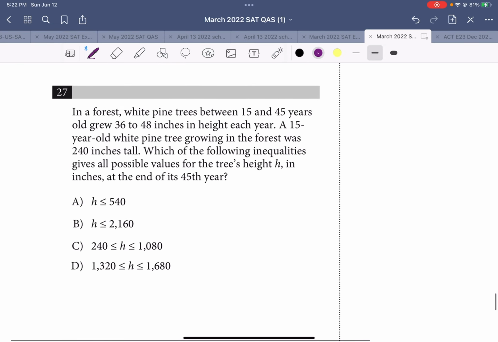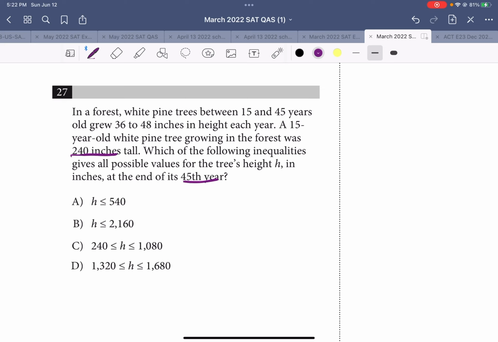27. In a forest, white pine trees between 15 and 45 years old grew 36 to 48 inches in height each year. A 15-year-old white pine tree growing in the forest was 240 inches tall. Which of the following inequalities gives all possible values of the tree's height, h in inches, at the end of the 45th year?